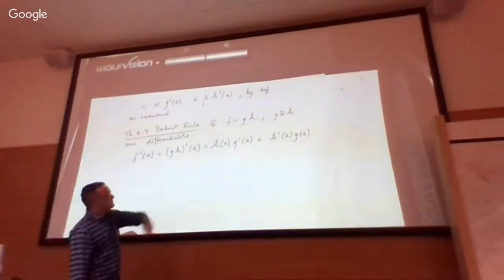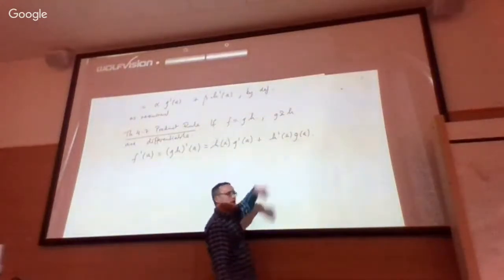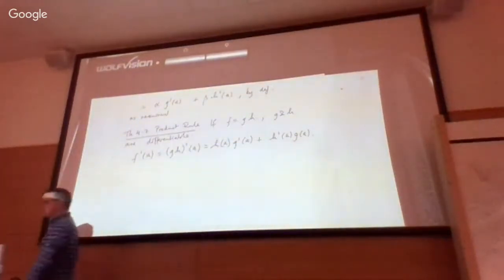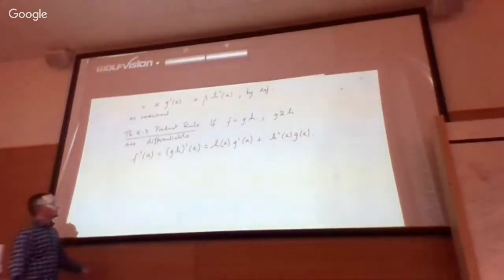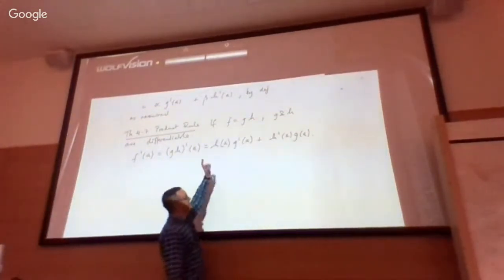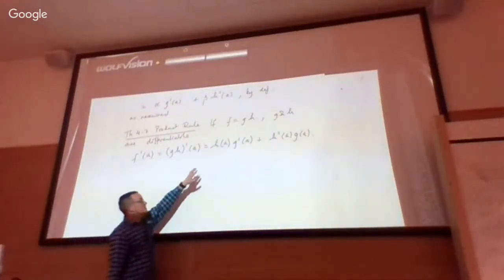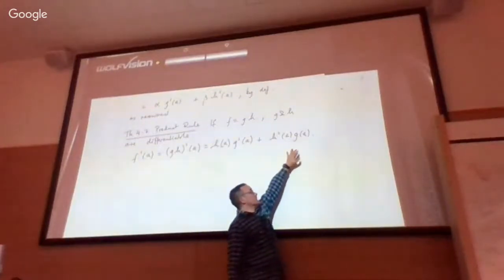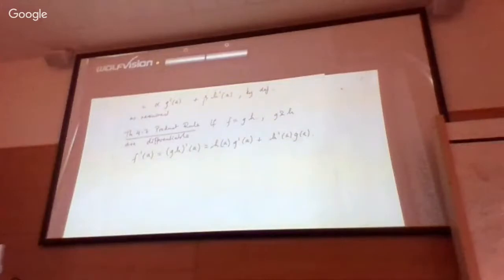The linear combination of the two derivatives with the coefficients being the value of the other function, undifferentiated. It's a weird kind of mixture of multiplication and linear combinations going on. The derivative of a product is a linear combination of the derivatives of the factors, with coefficients being the values of the other function evaluated at the point we're taking the derivative.